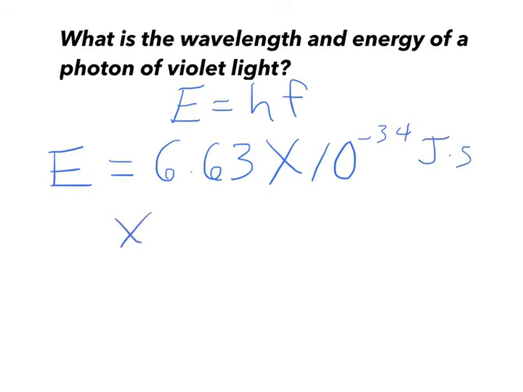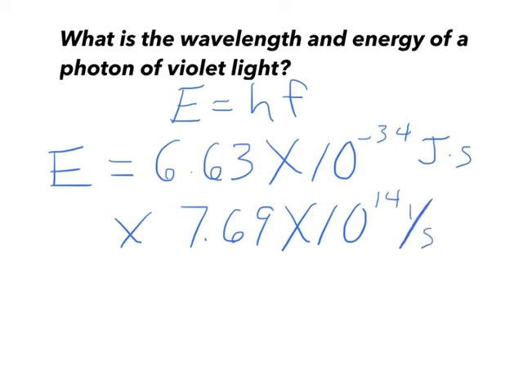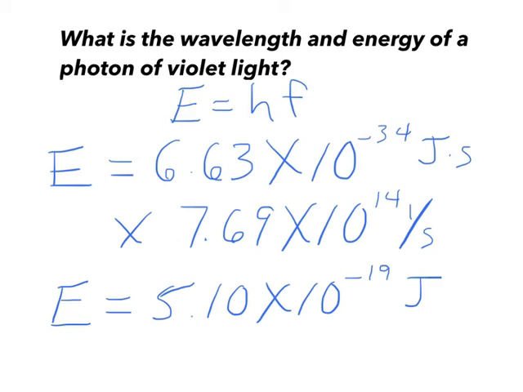And I'm going to multiply that times the frequency that I just looked up, 7.69 times 10 to the 14th hertz, which are also per seconds. So both of these numbers I just looked up on the reference tables. So the energy is 5.10 times 10 to the negative 19 joules.